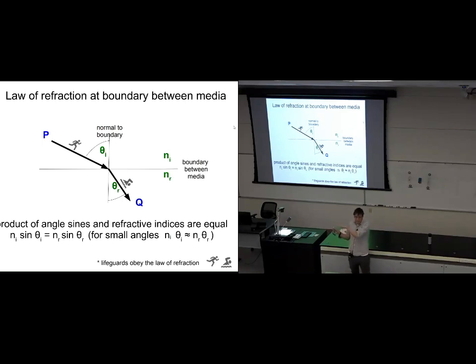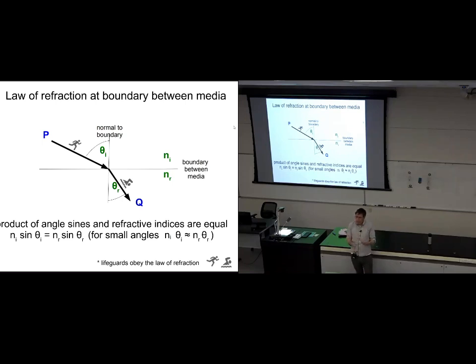But the light ray doesn't take the shortest distance from P to Q. It actually takes, according to Snell's law, the shortest time from P to Q. And that's actually what lifeguards do. Imagine I was a lifeguard. Imagine I'm in Baywatch, I've got to rescue somebody who's in the ocean. Well, firstly, I've got to get across the beach.